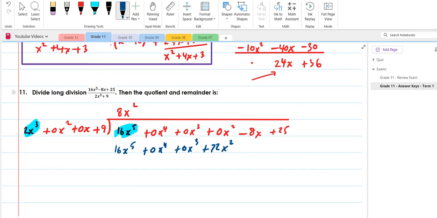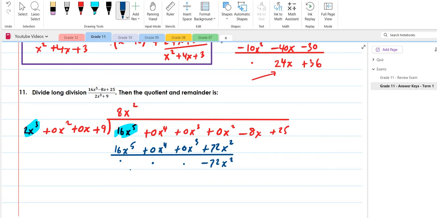Now we subtract. Divide, multiply. We divided, we multiplied, now it's time to subtract. So 0, that's also 0, that's also 0. 0 minus 72x squared is minus 72x squared, right? It's minus 72x squared.